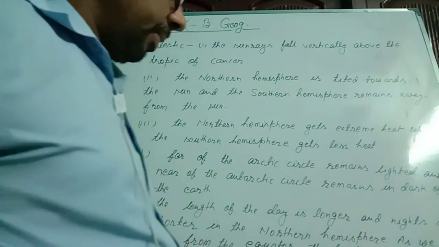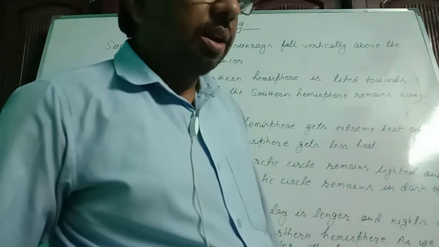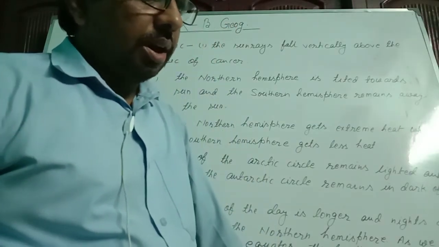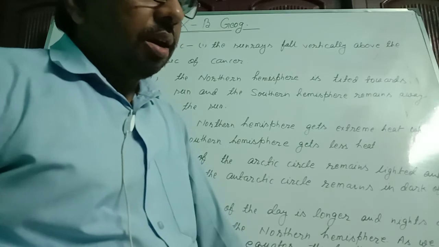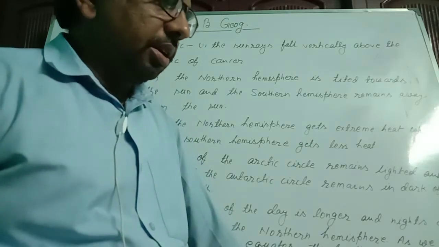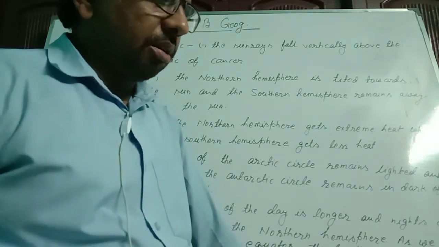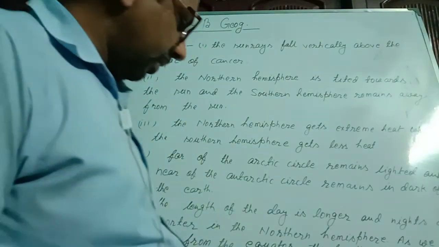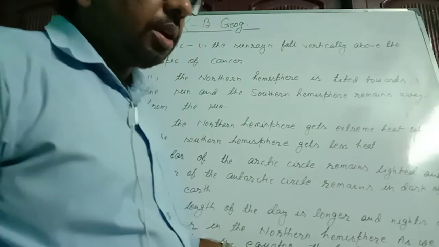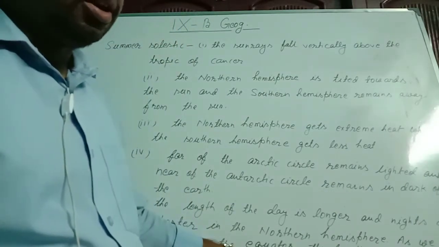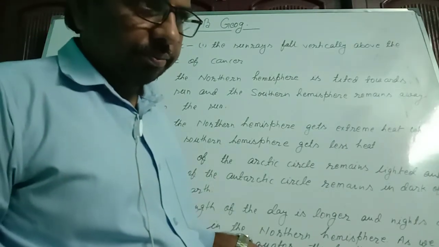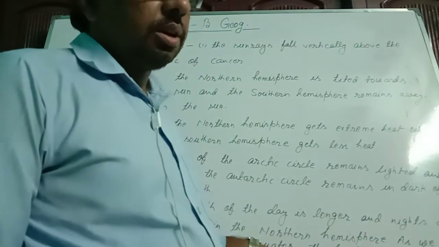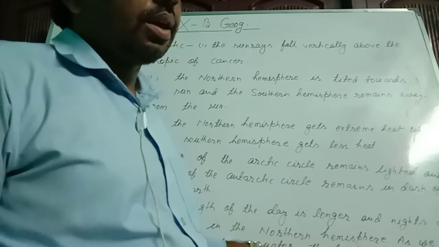Number 4, the far of the Arctic Circle remains lighted and near of the Antarctic Circle remains in dark of the earth. And number 5, that affects the length of the day. The days are longer and nights are shorter in northern hemisphere.